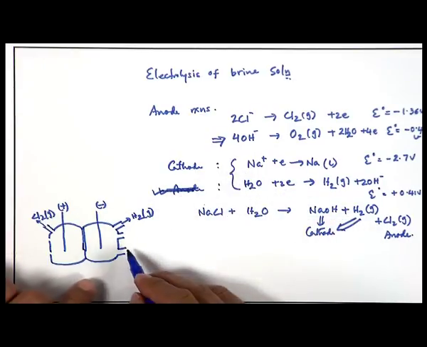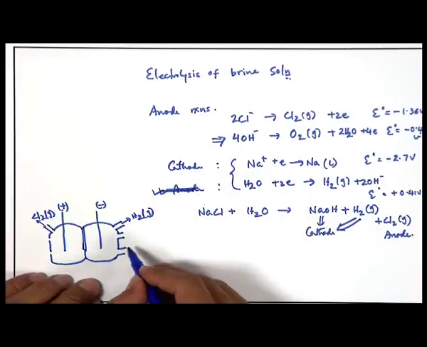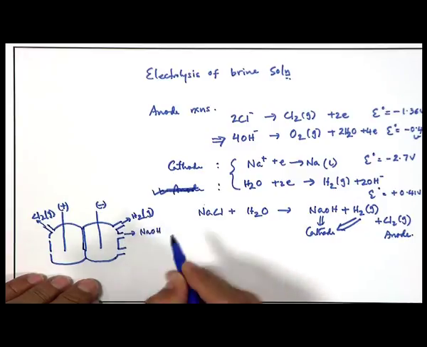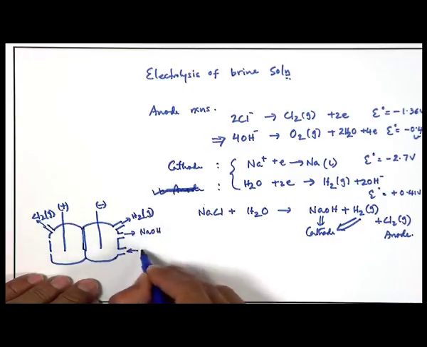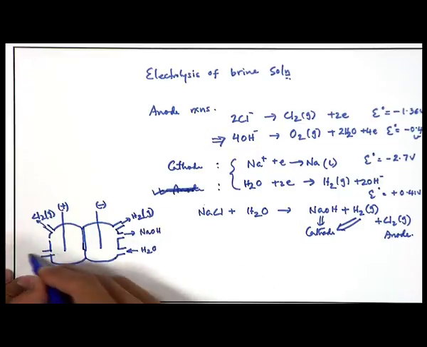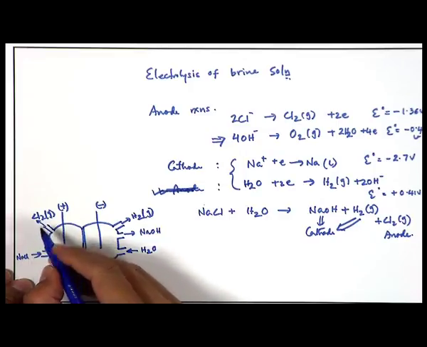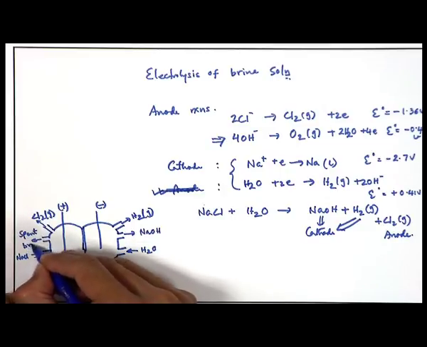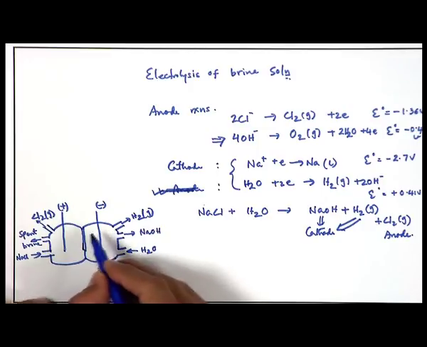Okay. So, what is happening is that you have sodium hydroxide coming out and water is put in here, sodium chloride is fed, and here spent brine is taken out. Okay.